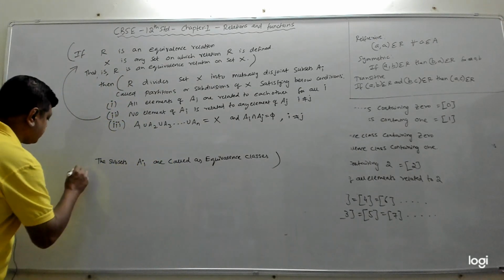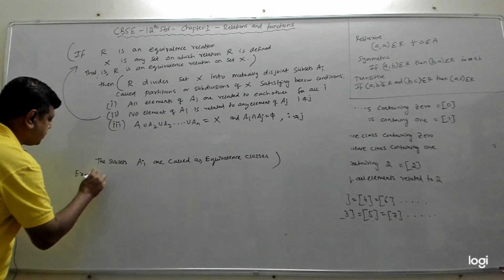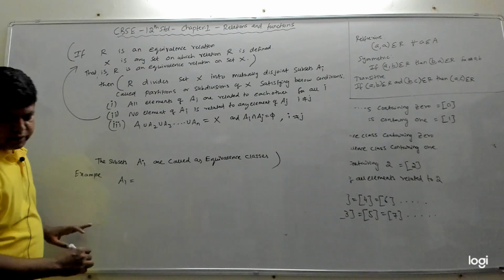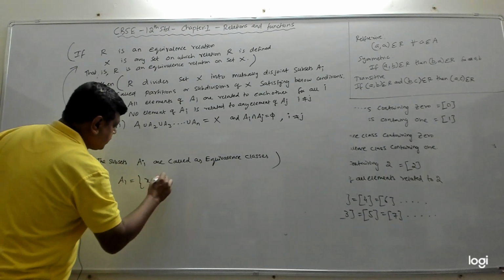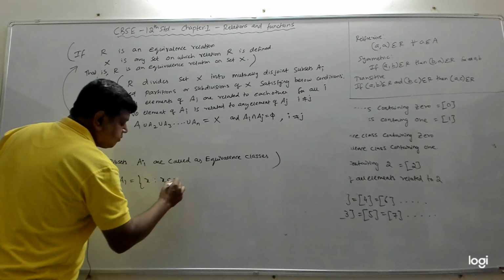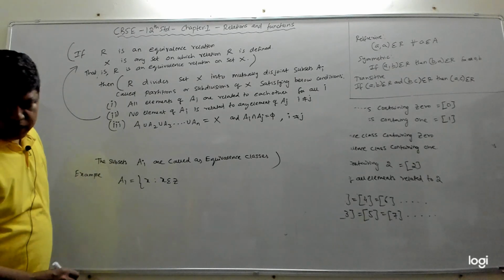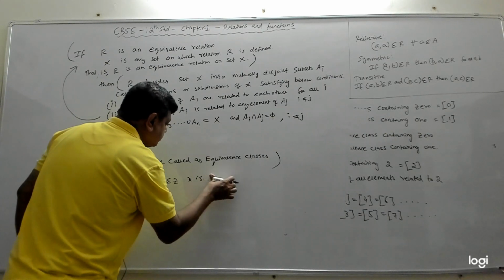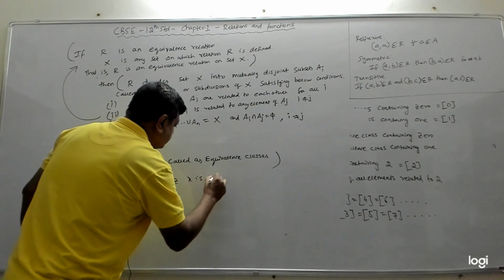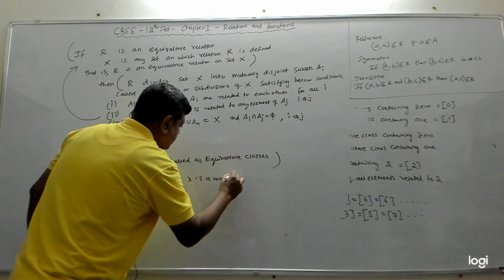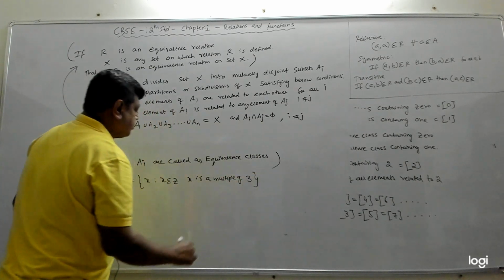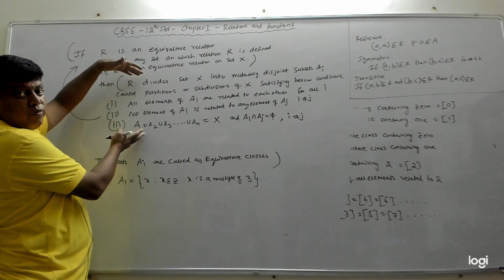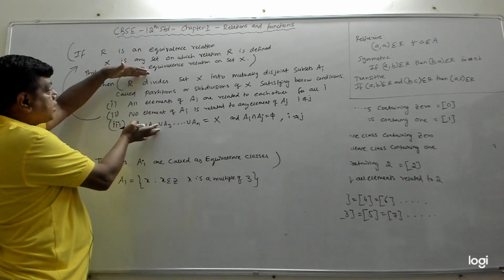Suppose an example for the reverse case: suppose you have a set A1, the set of all X such that X belongs to Z, which means X is an integer, and X is a multiple of 3. I am going to find some A1, A2, A3 satisfying this condition.